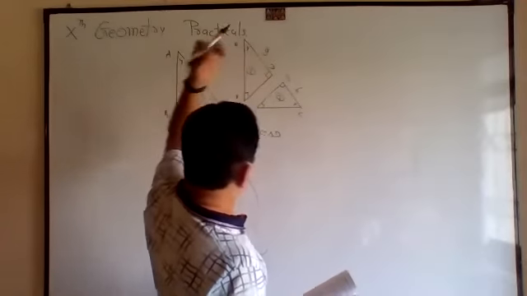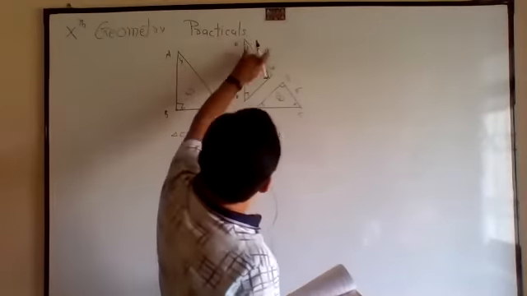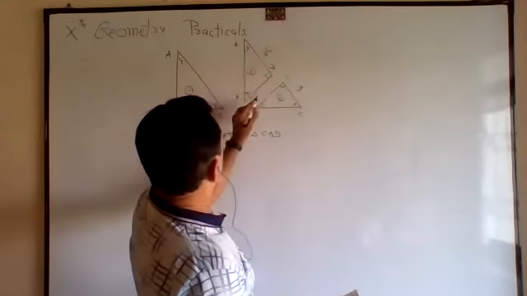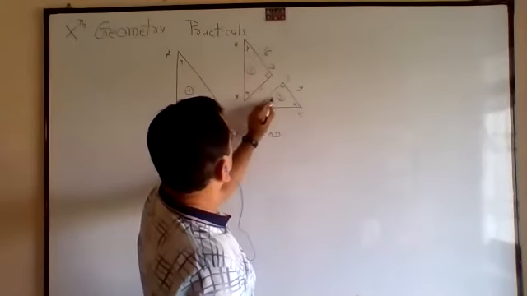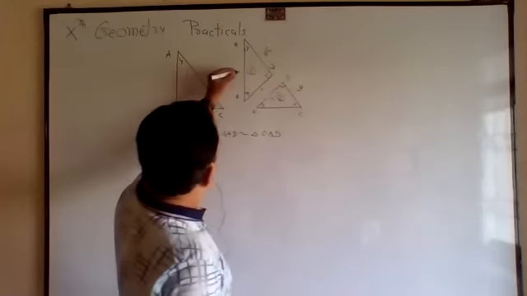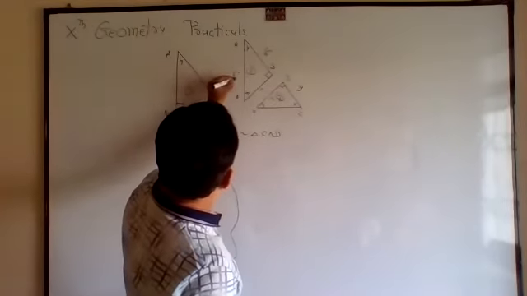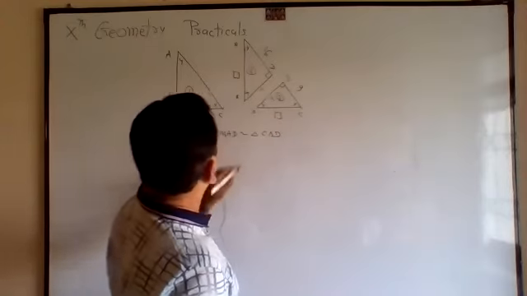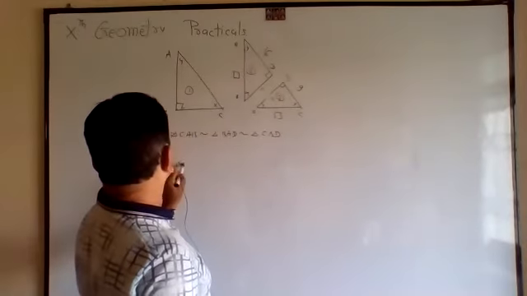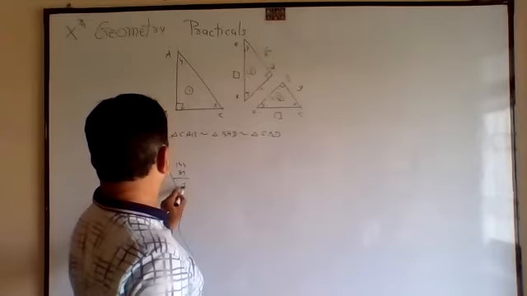6, 9, 16, 9, 4 3s are 12, 12. So this will be 12 square 144, 9 square 81.